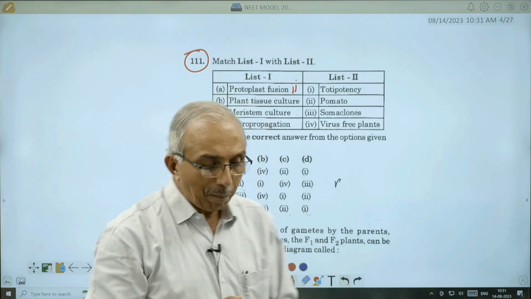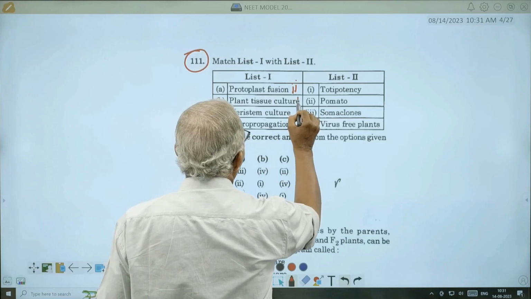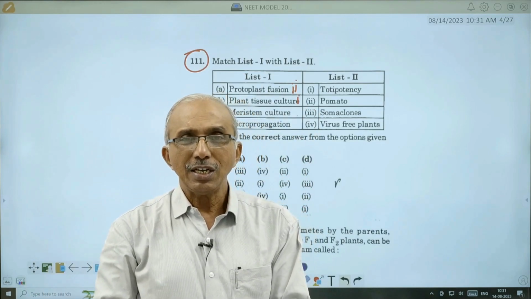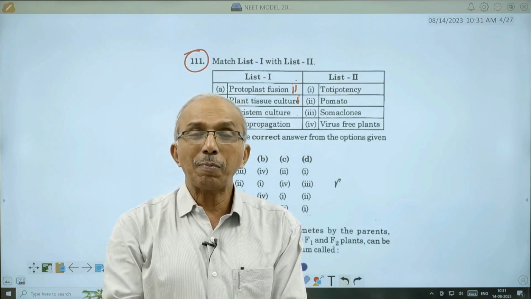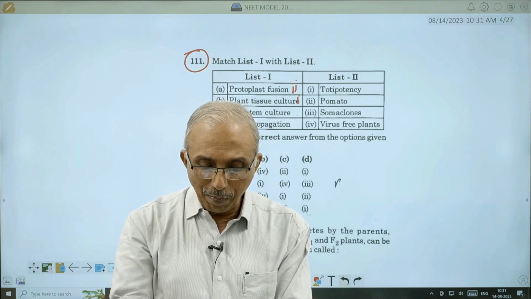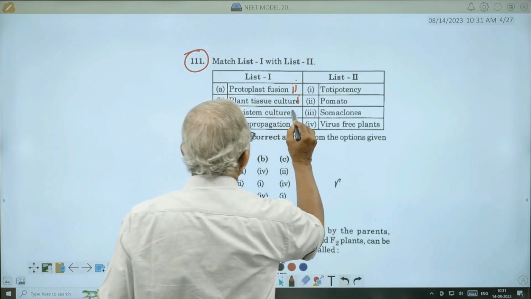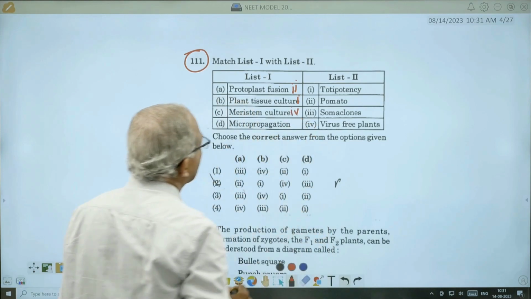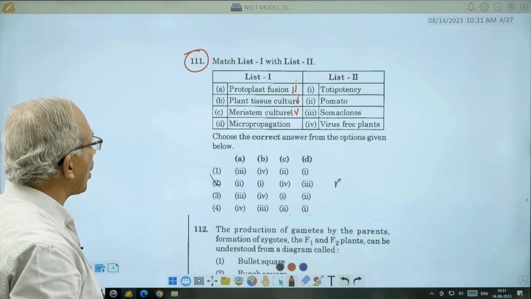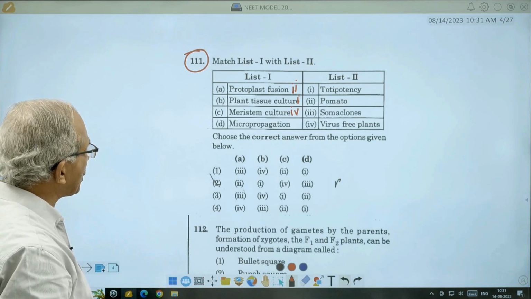Then plant tissue culture can be matched with 1 because plant tissue culture works on the principle of totipotency. Meristem culture can be matched with 4 because the explant used for producing virus-free plants is meristem.